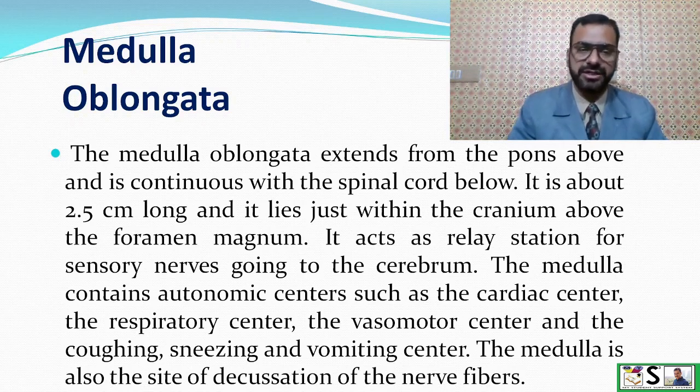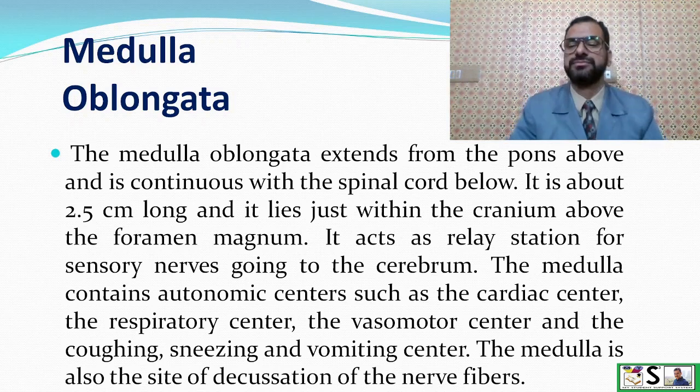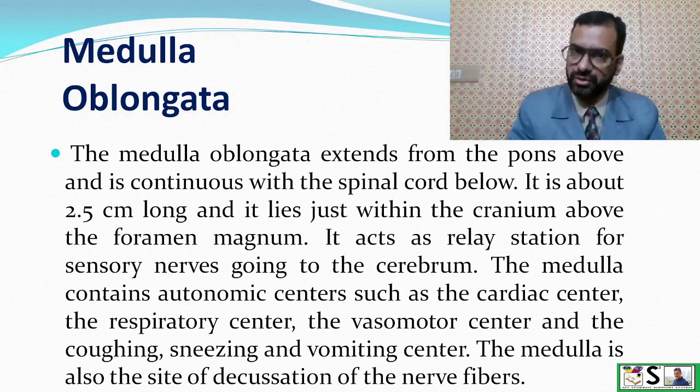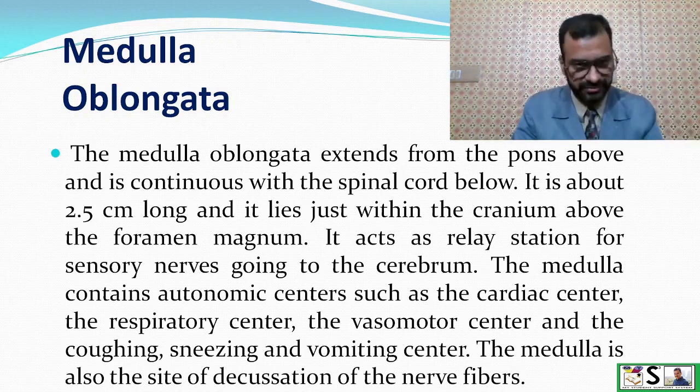The medulla contains autonomic nerve centers such as cardiac center, respiratory center, vasomotor center, and the coughing, sneezing, and vomiting center. The medulla is also the site of decussation of nerve fibers. What is decussation? Decussation means crossing of the fibers from left to right and right to left.